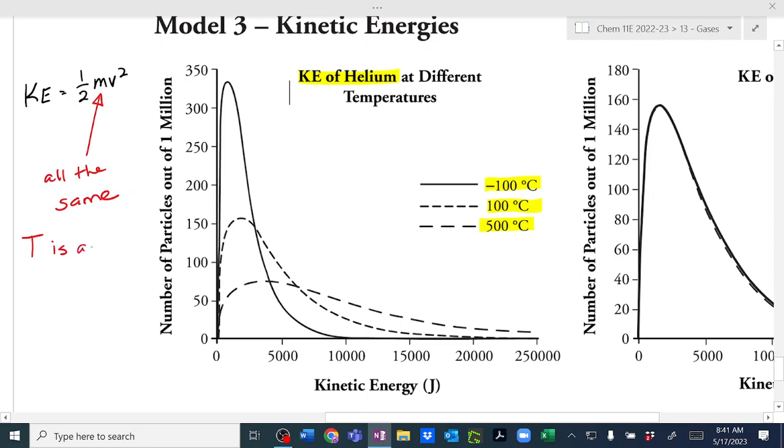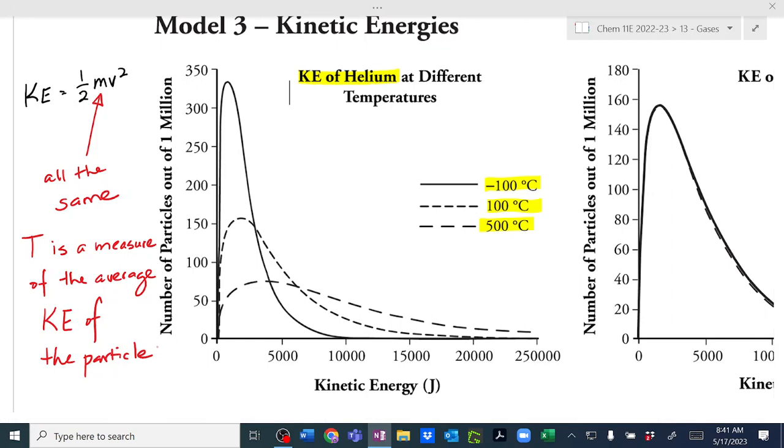It is a measure of the average what? Kinetic energy of the particles. Okay, so temperature is kinetic energy, essentially.